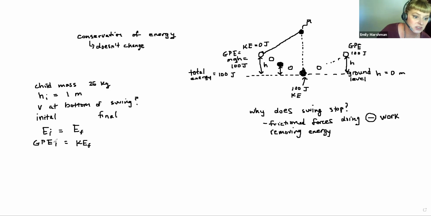All right, so the expression for gravitational potential energy is mgh. I'm going to write mgh initial, so I know I'm talking about the initial point, and kinetic energy at the final point is 1/2 m v final squared.